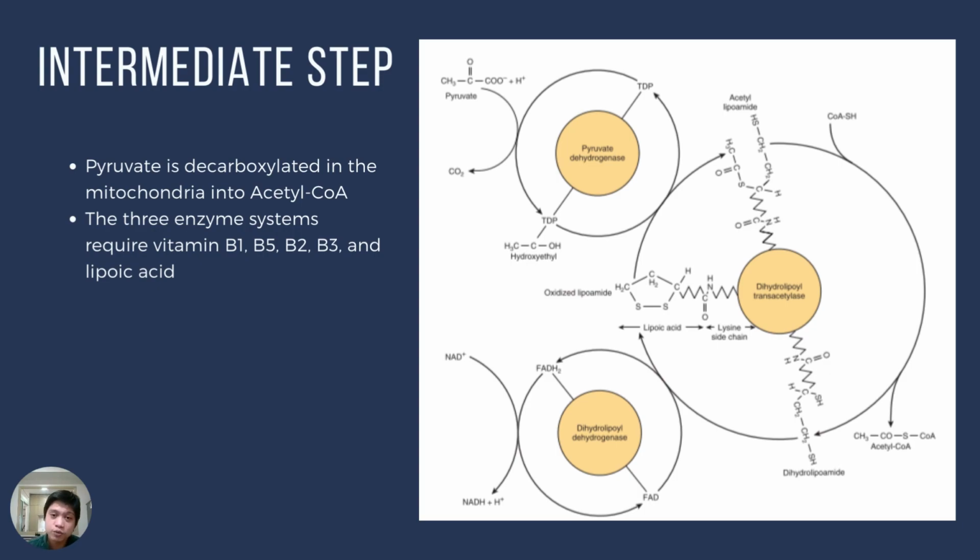So for enzyme number 2, let's start at the 6 o'clock position, where you have dihydrolipoamide. This dihydrolipoamide has 2 free sulfhydryl groups. For you to form the highly energetic oxidized lipoamide, you need to connect the 2 free sulfhydryl groups.